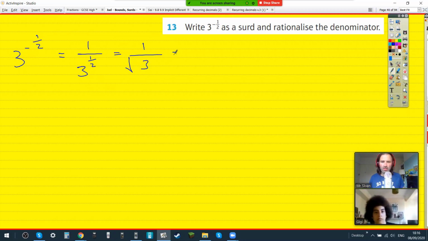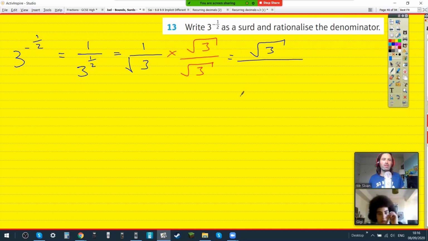So if you're to times top and bottom by root 3, root 3 over root 3. Root 3 times root 3?